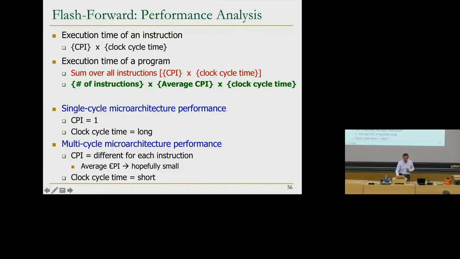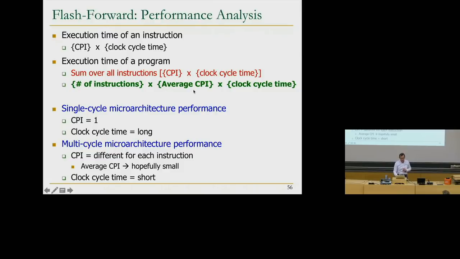And hopefully, you can make the average CPI small also. For example, if you're executing add instructions most of the time, add may take only 3 cycles, right? Maybe a division takes 50 cycles, yes, but you're not executing that very often. So your average CPI is closer to 3 as opposed to 50.